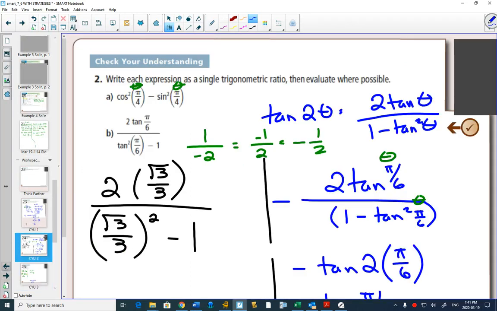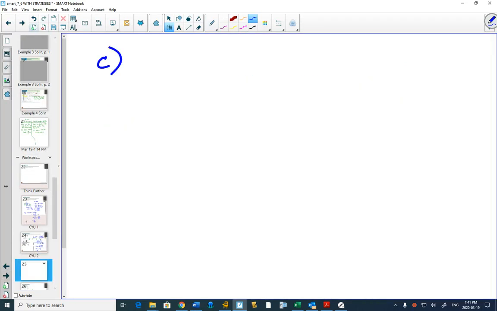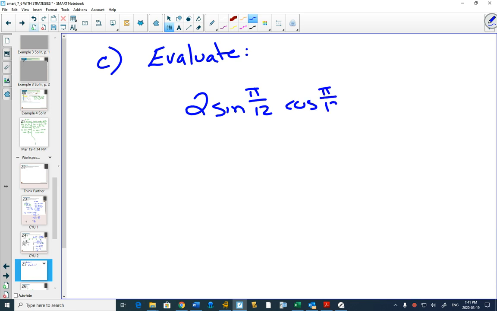So here's our C. Evaluate, and I'm going to put pi over 12 in there. Now yesterday we did pi over 12 questions. So I could have given you this question yesterday.